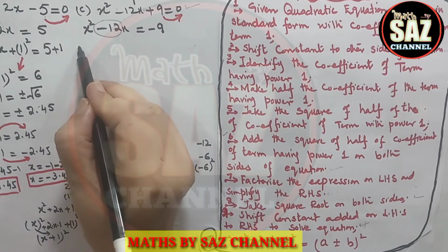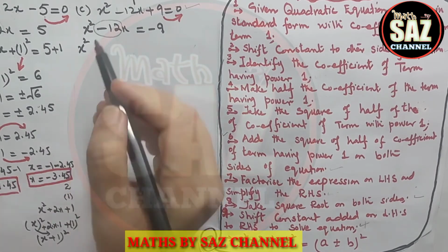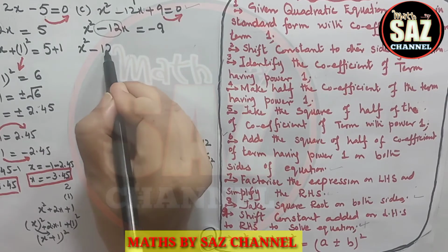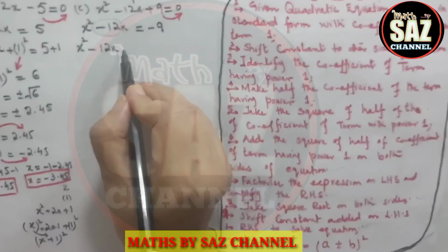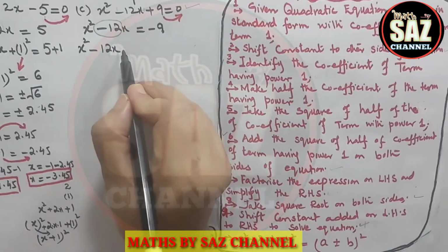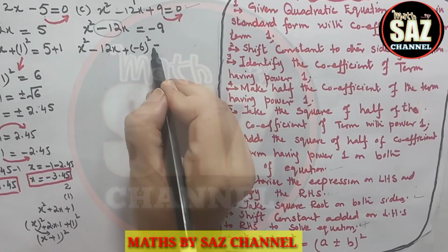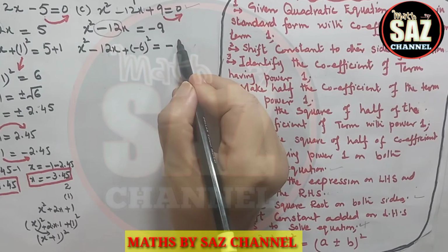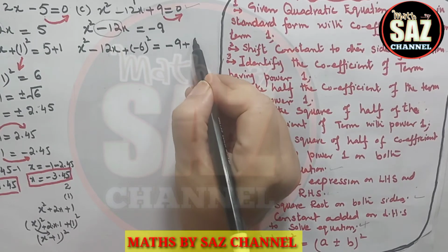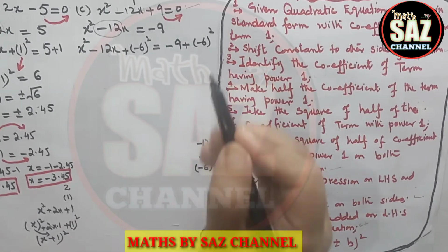In order to express x square minus 12x in form of the perfect square identity, I have to add the square of this half on both sides of the equation, and my equation will take the form x square minus 12x plus minus 6 square equals minus 9 plus minus 6 square.